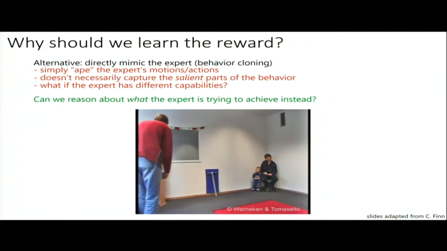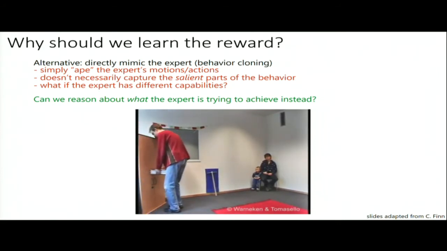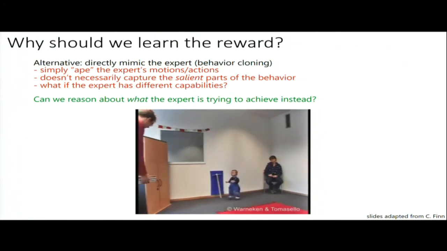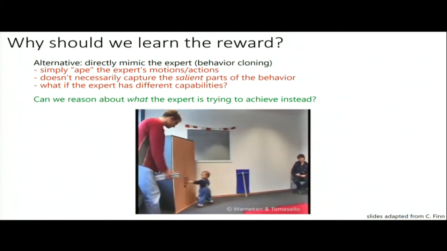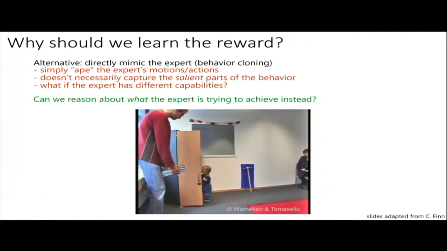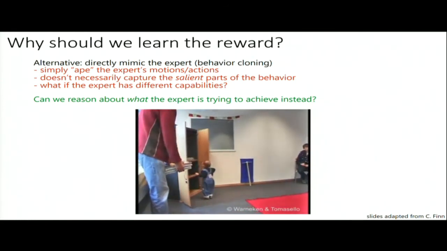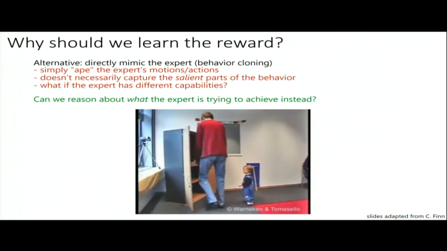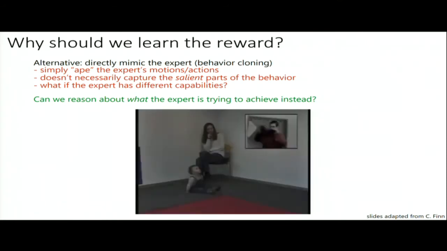The child is going to watch this guy for a little bit, and then he's going to figure out what is the purpose of this behavior. And of course, the child's reaction is not to blindly mimic what the experimenter is doing, but to actually do something completely different that he knows will actually assist in this task. So it's not an imitation problem, it's really an intent inference problem.